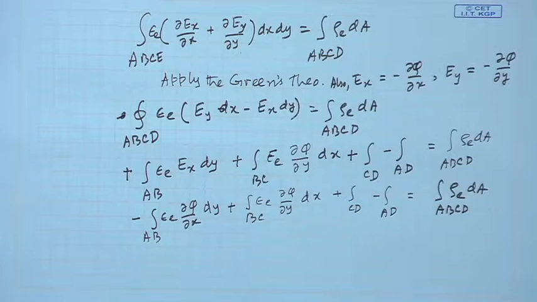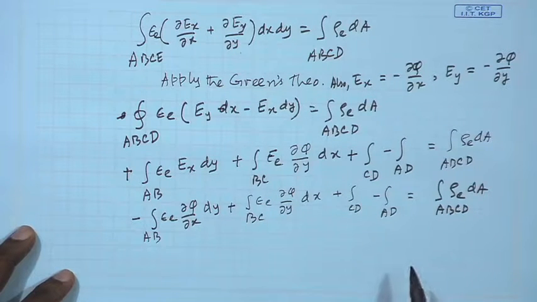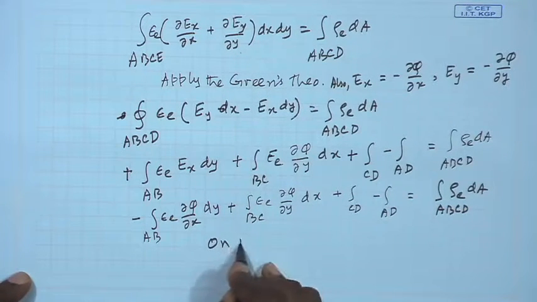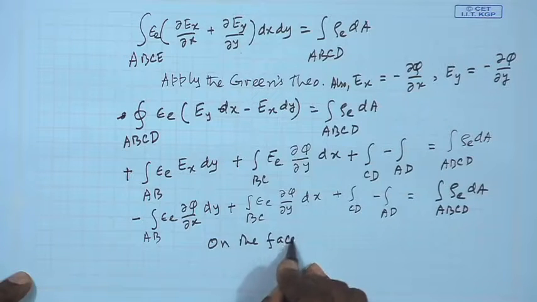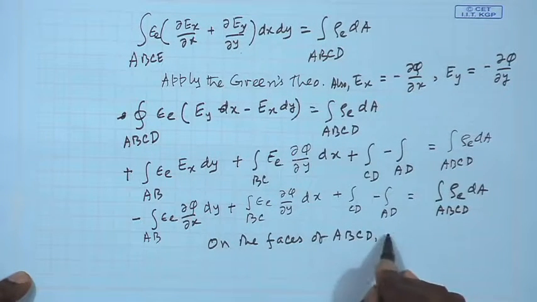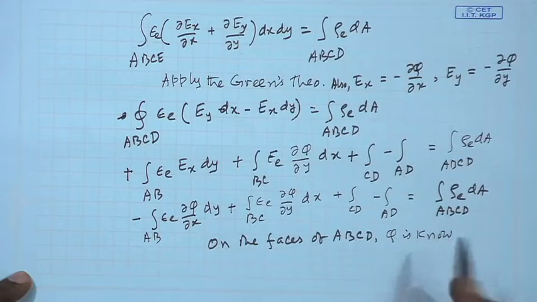If I now put the value of AB, and we assume that ABCD is an elementary volume, then on the faces of ABCD there is no change in phi, phi is known and variation is neglected.